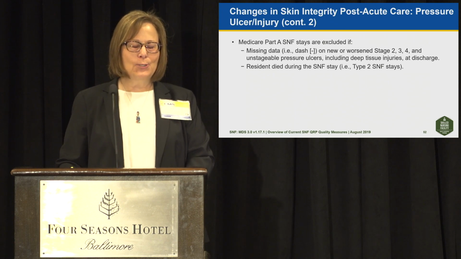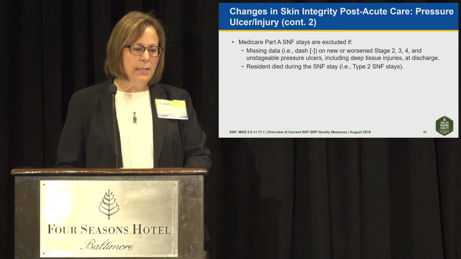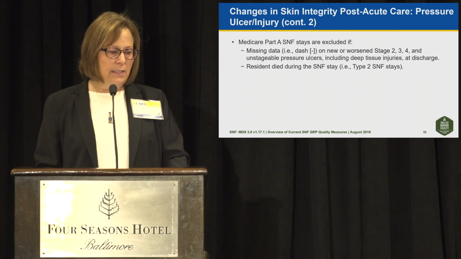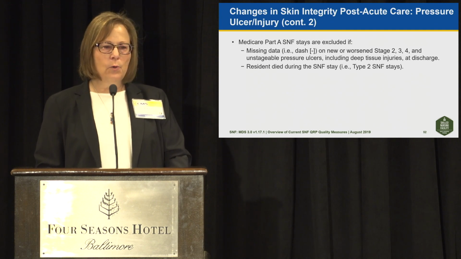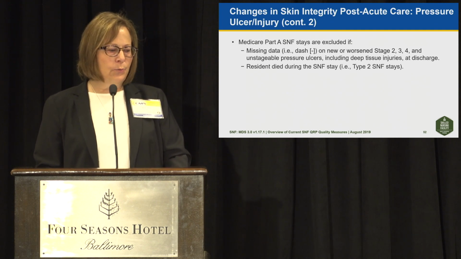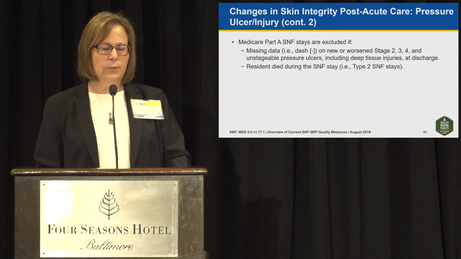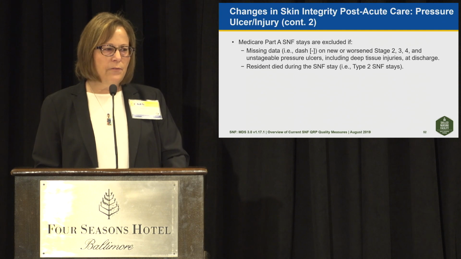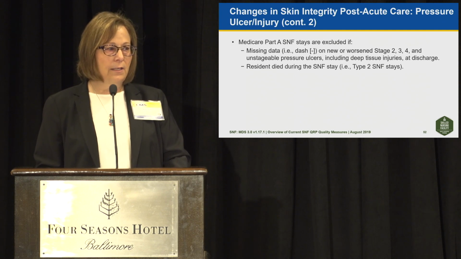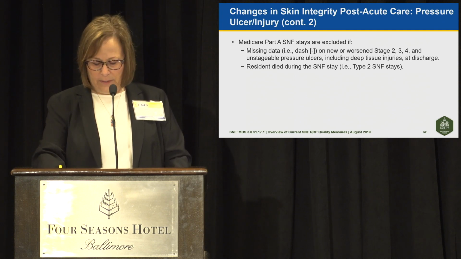For the pressure ulcer injury measure, Medicare Part A SNF stays are excluded if there's missing data or a dash on new or worsened stage 2, 3, 4, and unstageable pressure ulcers, including deep tissue injuries at discharge, or if the resident died during the SNF stay, which we know is a Type 2 SNF stay.